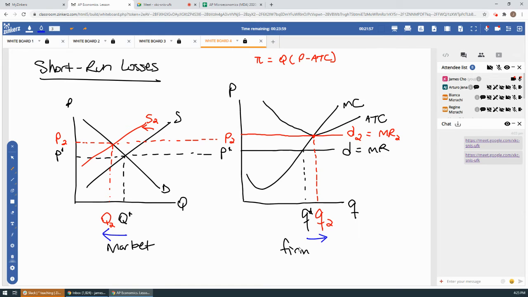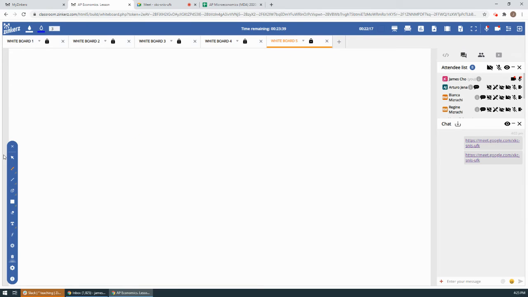So they're going to keep on shrinking those losses for the remaining firms until those losses are equal to zero. And then there's no more reason for anybody else to leave. So profits, new companies come in. Losses, existing firms leave. No matter which direction we start from, eventually we'll come to a point called long run equilibrium.